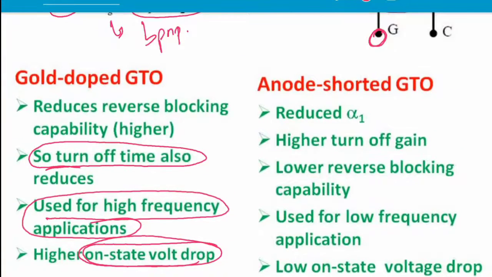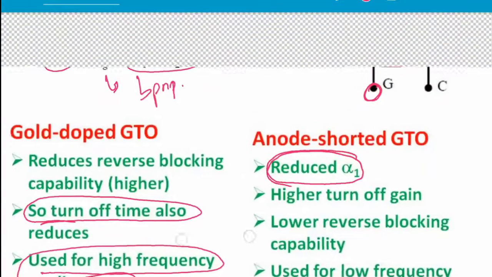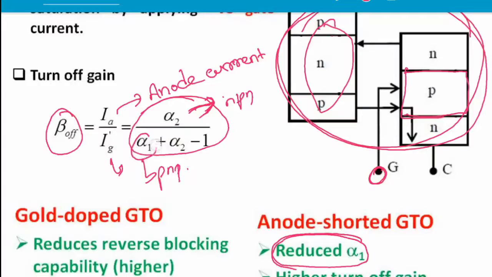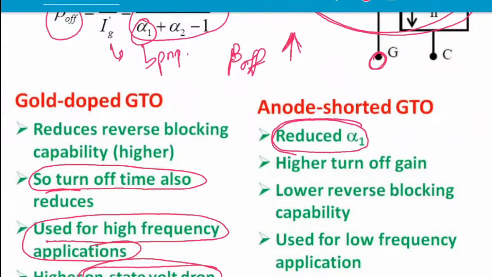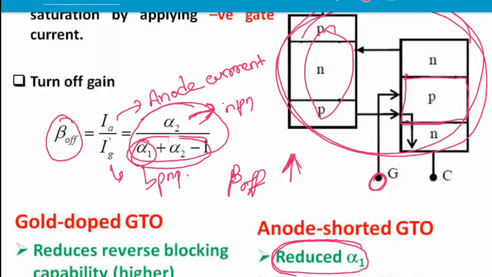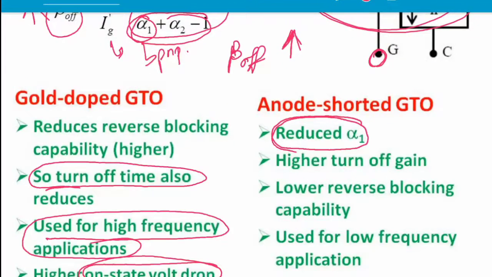So here alpha 1 is reduced. If alpha 1 is reduced, then turn off gain will also increase, because the whole denominator term will be reduced and this will increase. In anode shorted GTO the turn off gain is higher, and it has higher reverse blocking capacity than gold doped GTO.